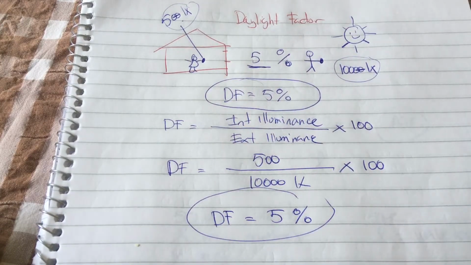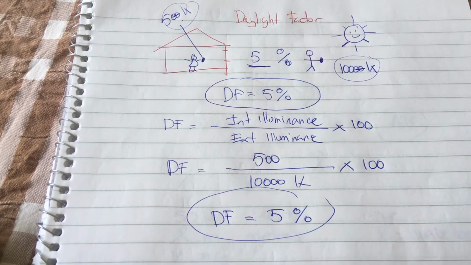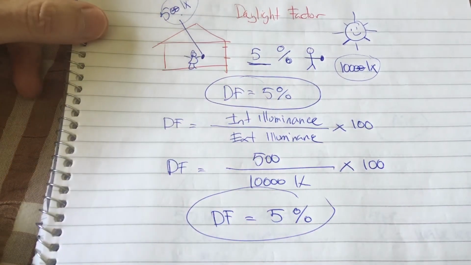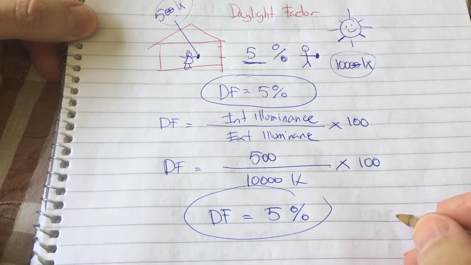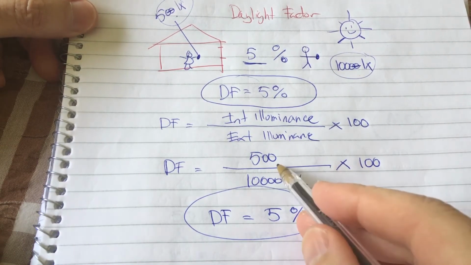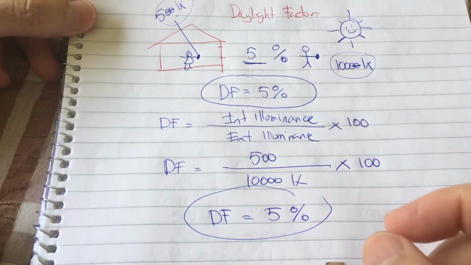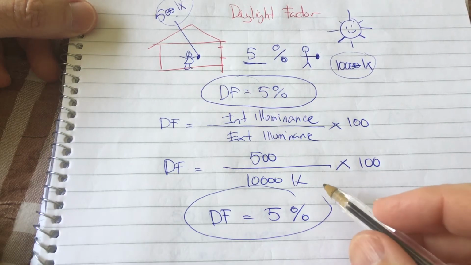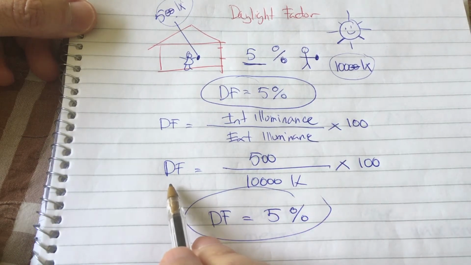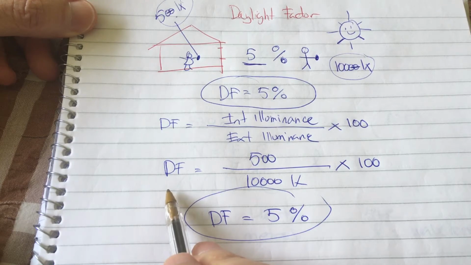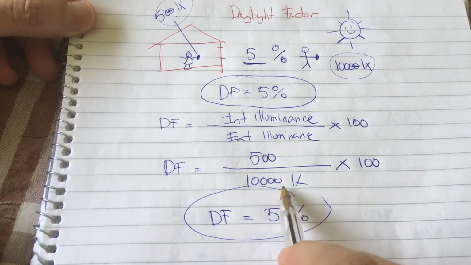Yeah? Okay. Now, in your assignment, you got a different question. They want to know what light you're going to have inside the room if your daylight factor is so-so and you measure the light outside and it is so-so.